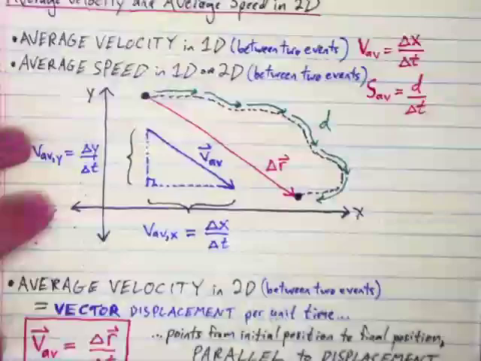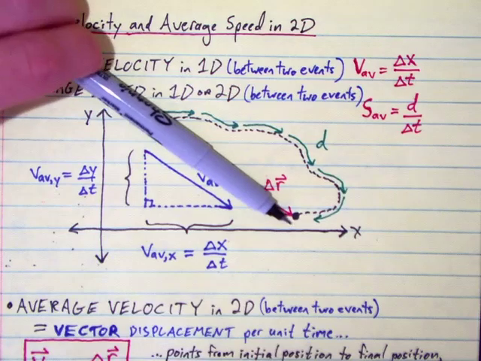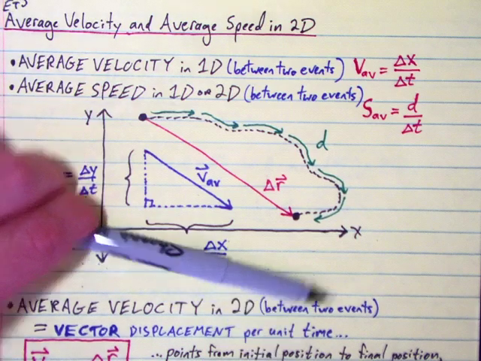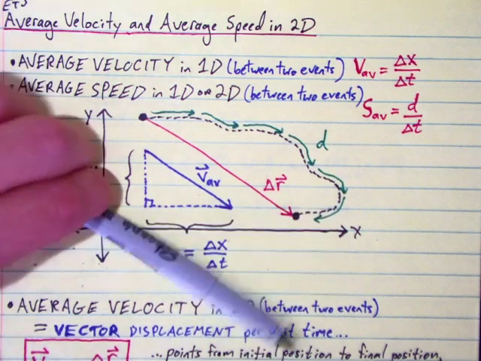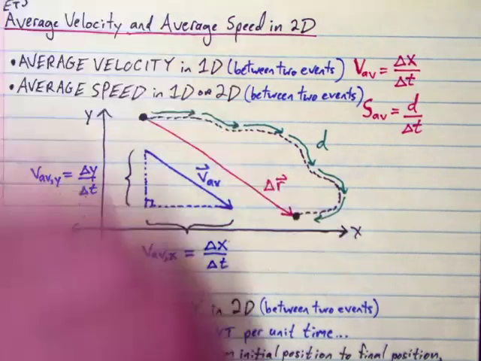Looking back at the picture, we see that our displacement is down in this direction. So if we translate that to the x-axis here, we are 34 degrees below the x-axis. That's the direction of our displacement.